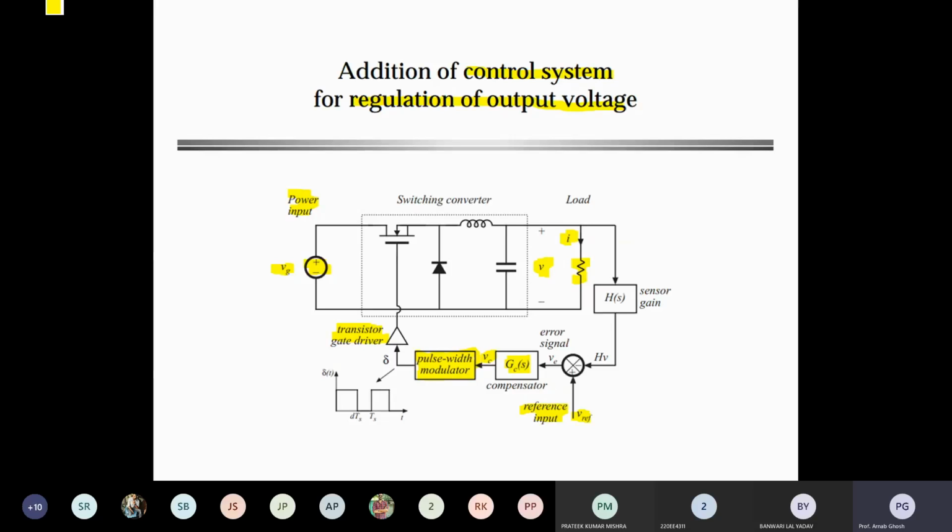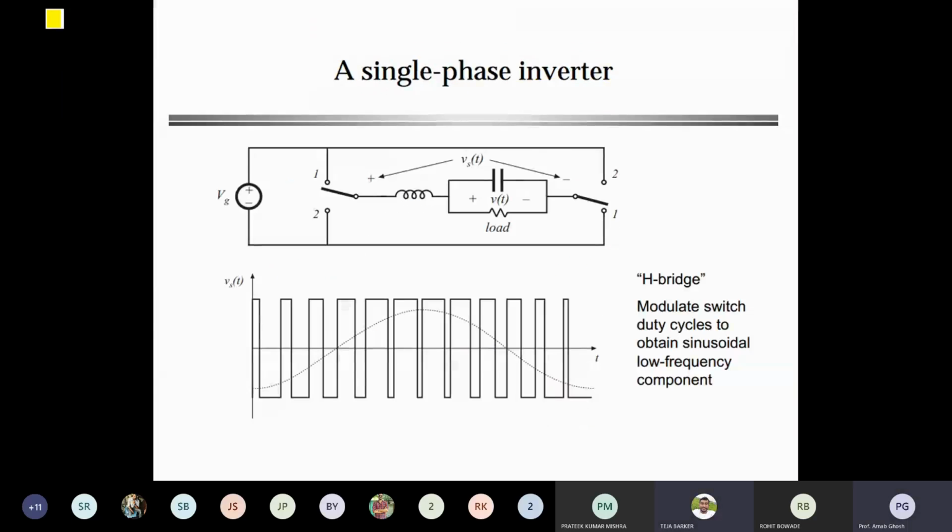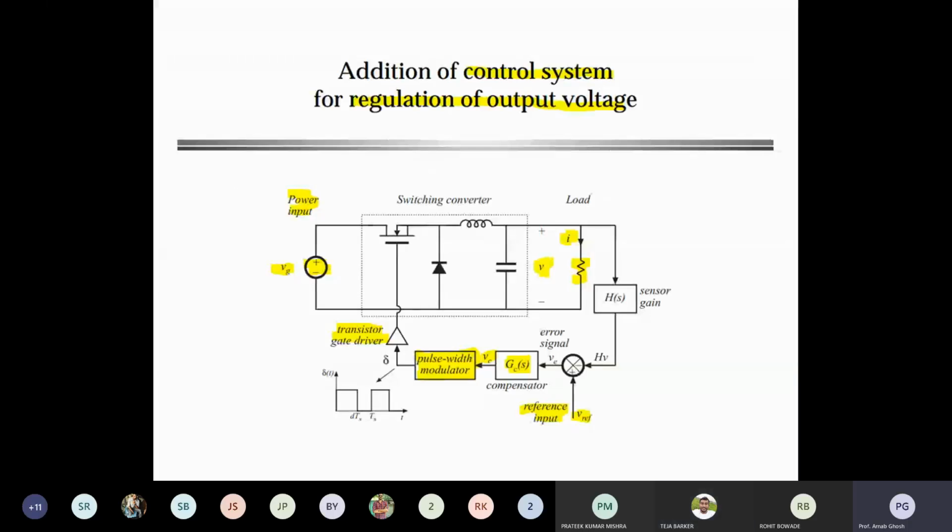Hello? We are not able to see the equations in the slide, sir. The slide is not visible from your side. Only the slide on the addition of control system for regulation of output voltage is visible, sir. Is my slide changing? No, sir. Just wait. Yes, sir, now it is changing.